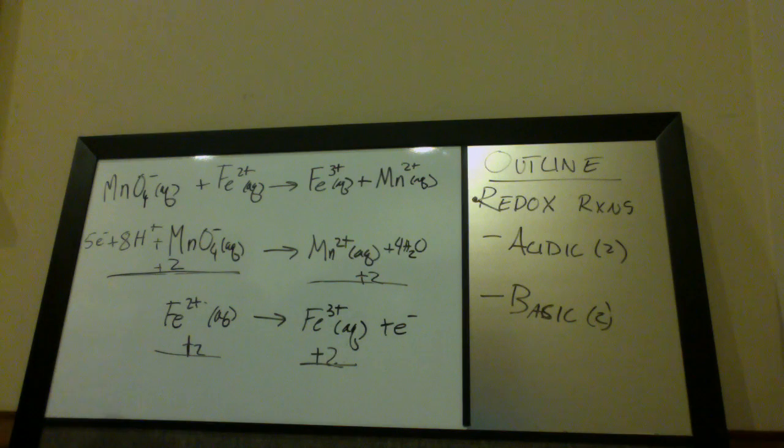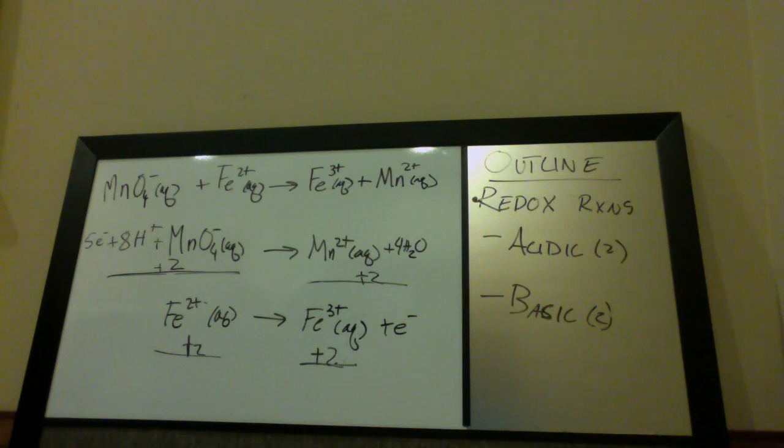And now I have to equalize. If you remember from the redox reactions in aqueous solutions, when you have half reactions, you have to add both of them up and cancel the electrons out. So you have to make sure you have the correct number of electrons on each side. So I have to equalize electron transfer in the two half reactions.